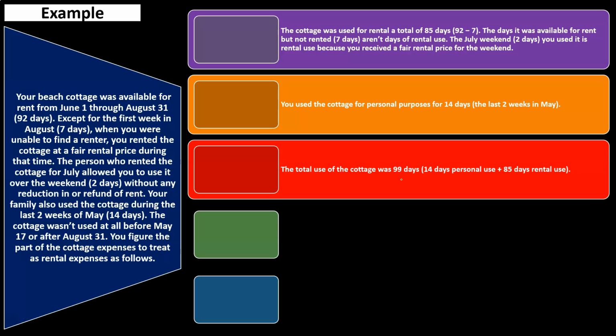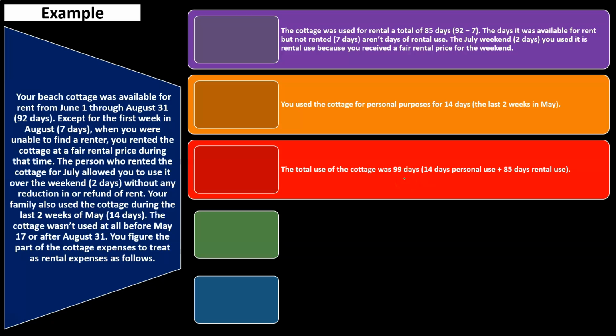Or, if you were trying to increase the rental expenses that you can allocate, you would like to say, hey, look, I had it on the market to rent for the entire year. Even though it wasn't rented, it was still kind of rental property. And so I'd like to allocate the rest of the 365 days over the 99 to rental property usage.